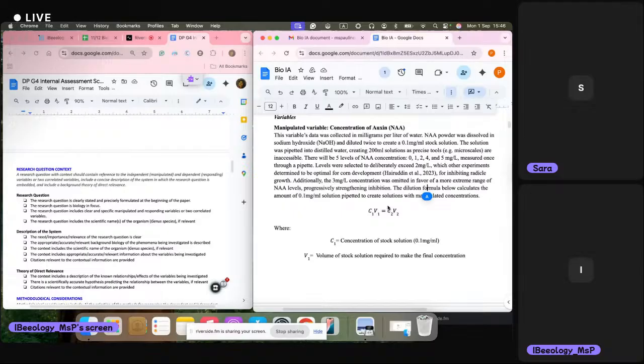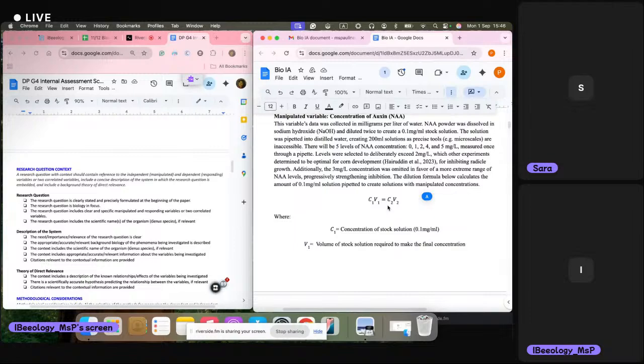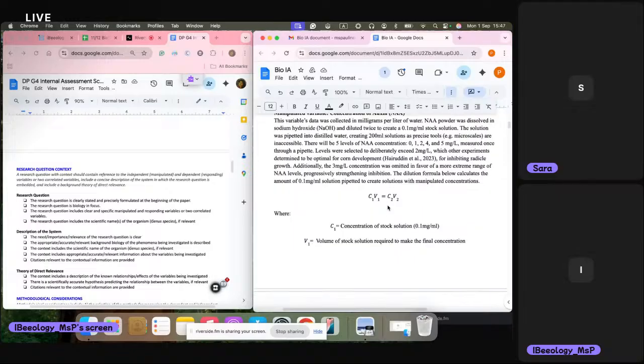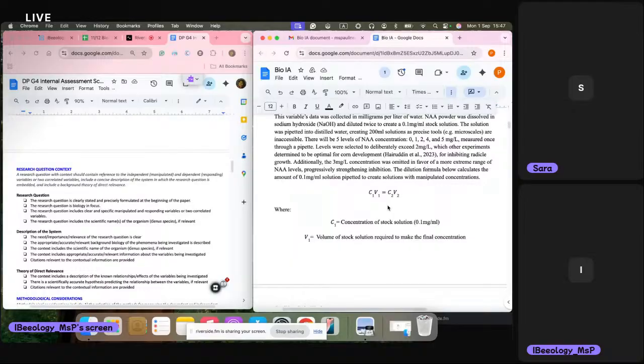But nevertheless, this is what you did. I'm not saying it's wrong. I'm just saying there's got to be a better way, but you already did it. The dilution formula below calculates the amount of 0.1 milligrams per ml solution pipetted to create solutions of manipulated concentrations. All right.